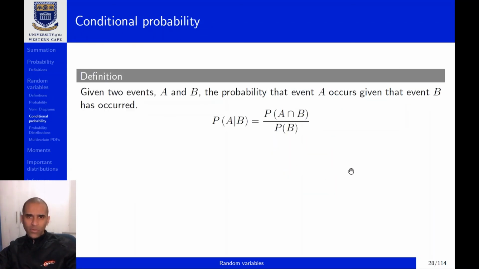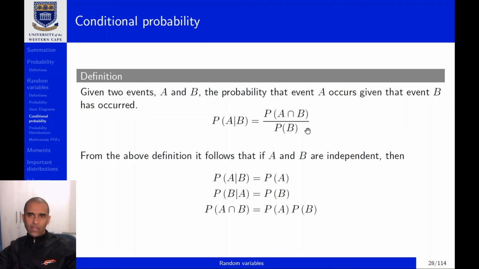Alright, one important concept is conditional probability, which is defined as follows. Given two events A and B, the probability that event A occurs given that event B has occurred. And in symbols, it is expressed as given on this slide. So the way to read this is the probability of the intersection of A and B divided by the probability of B, right?